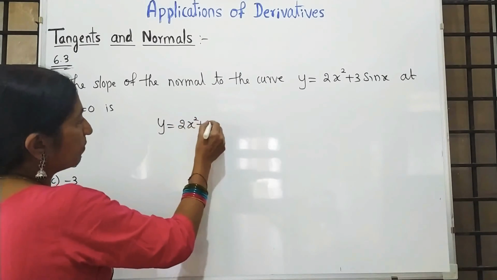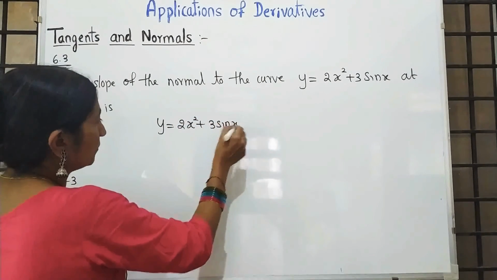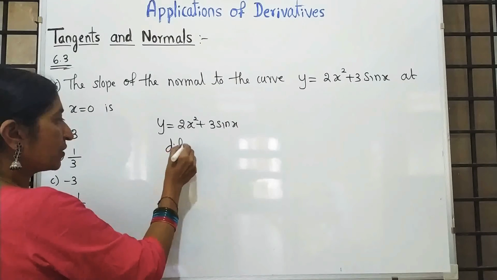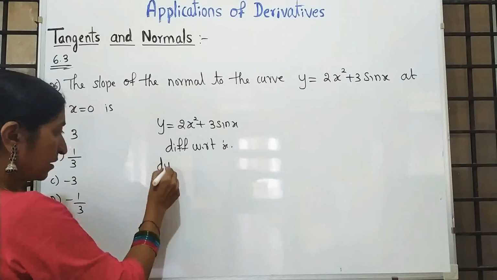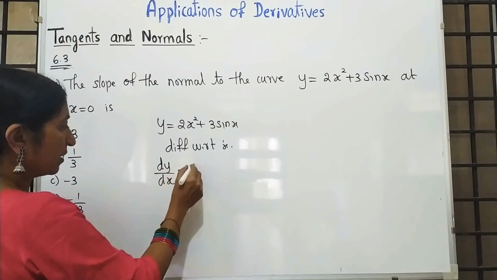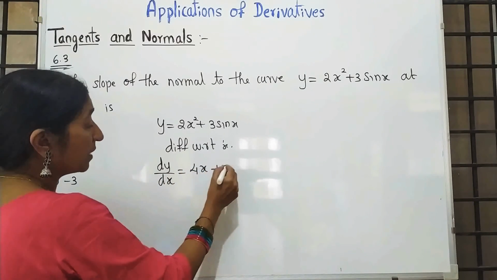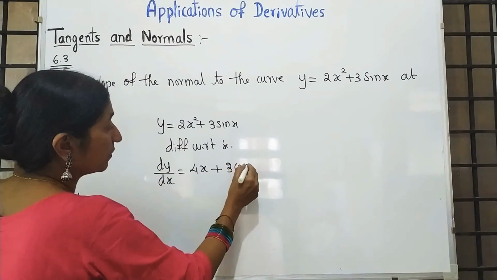So, normal means first differentiate, that is everywhere first step. y is equal to 2x square plus 3 sin x. Differentiating with respect to x, dy upon dx is 4x plus 3 into cos x.